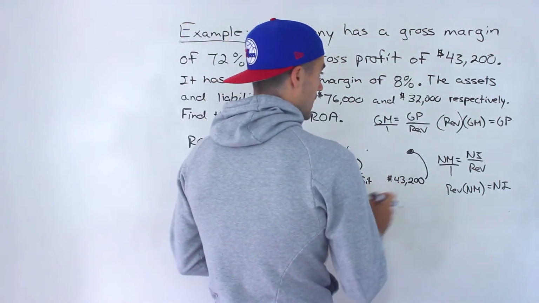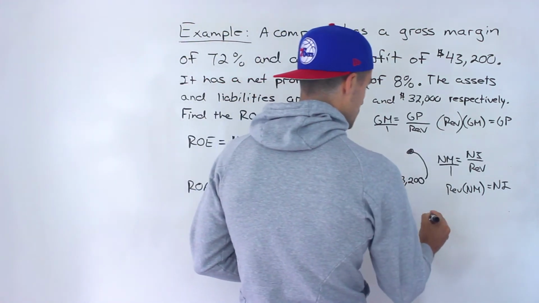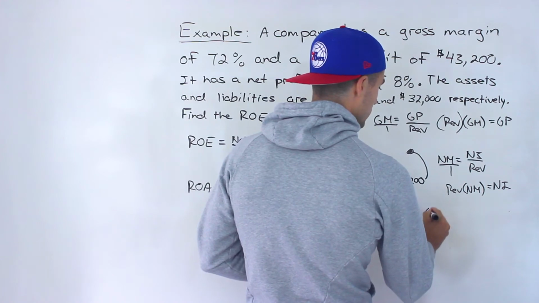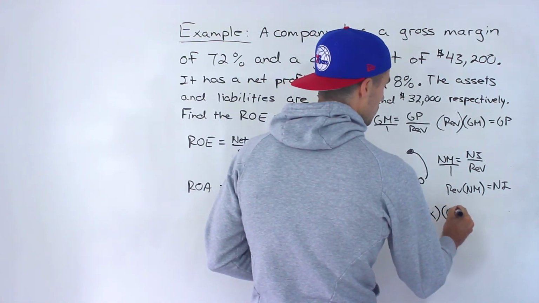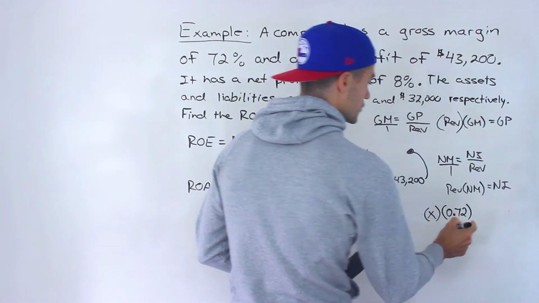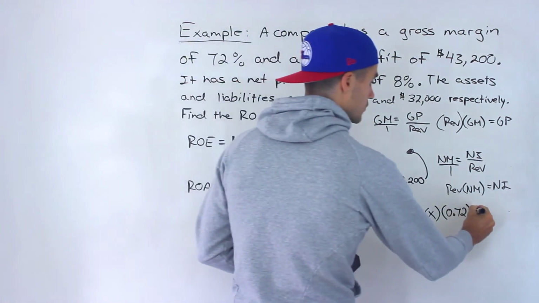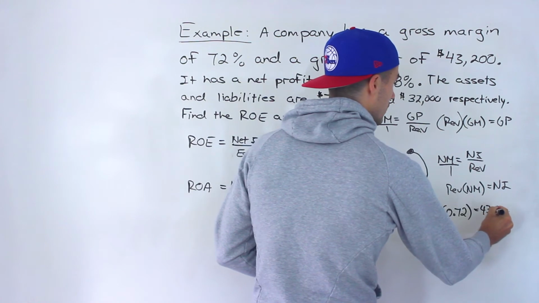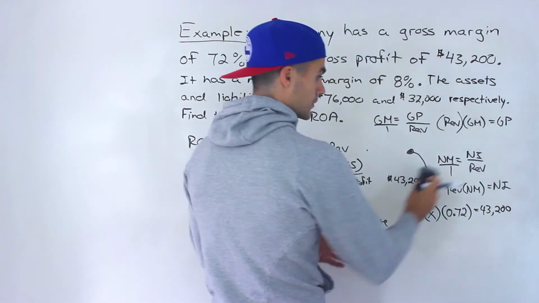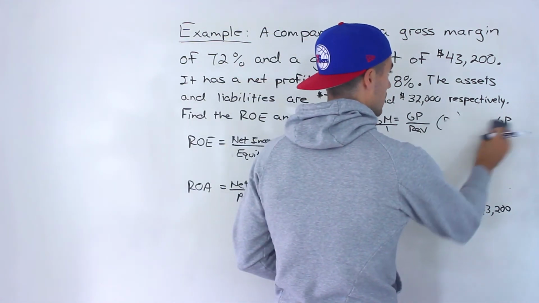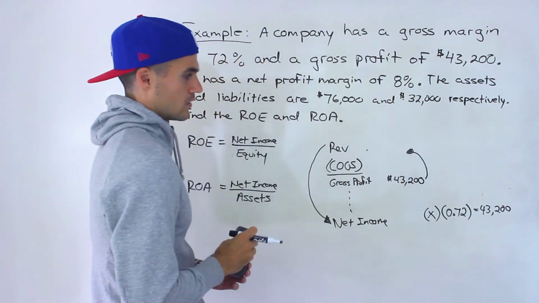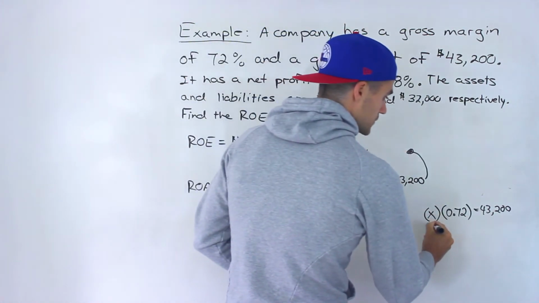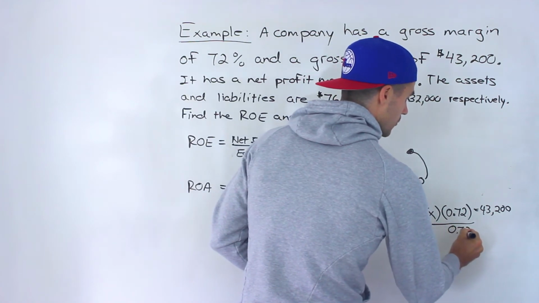To do that, I'm going to use this over here. We know that revenue, let's call it X, that's what we're solving for, times 0.72, the gross margin in decimals, is equal to the gross profit, $43,200. We're solving for X, so we divide both sides by 0.72.